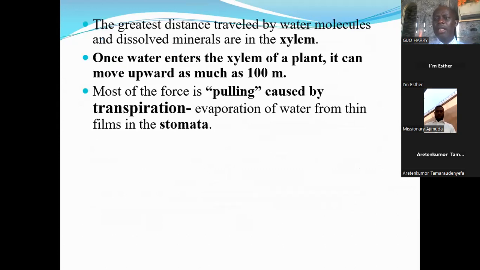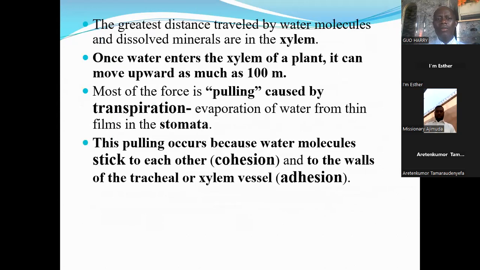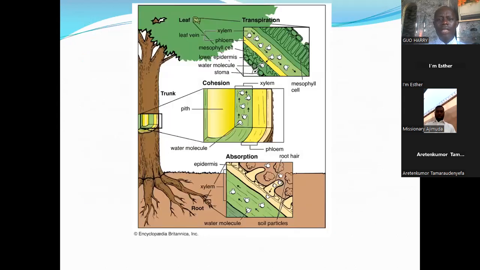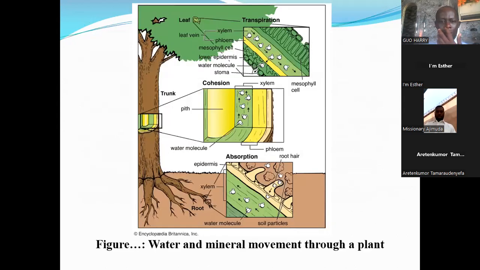This occurs because water molecules stick to each other and to the walls of tracheal or xylem vessels. So that enables the water to move from the roots to the leaves of the plant.